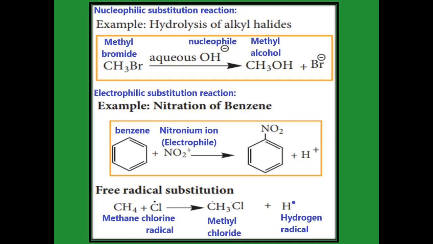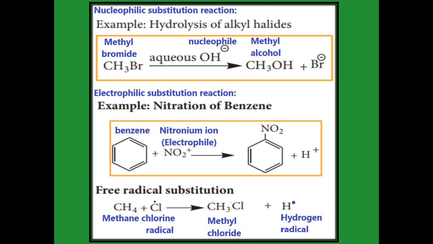Next we are going to see the types of reaction. The first type of reaction is substitution reaction. Substitution means one atom is substituted by another type of atom. Here we are going to see 3 types of substitution: nucleophilic substitution, electrophilic substitution, and free radical substitution. Nucleophilic substitution, for example, methyl bromide. Instead of bromine we are going to substitute an OH group.